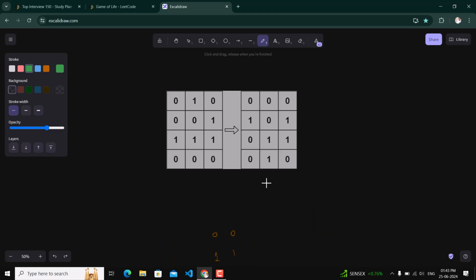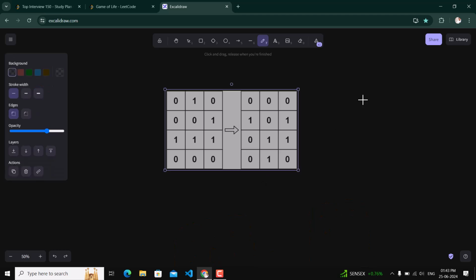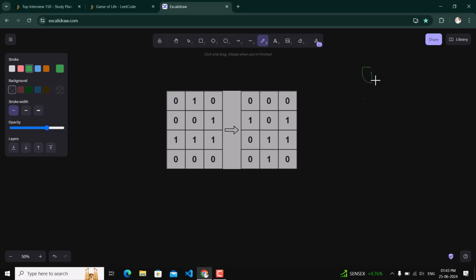approach. First of all, in the first approach we will use extra space complexity of m cross n and try to solve it that way. Let's say we have created a same-size matrix of size m cross n, an empty space.